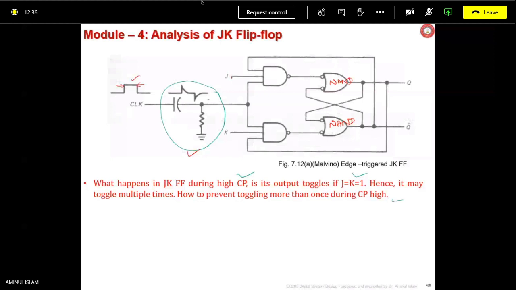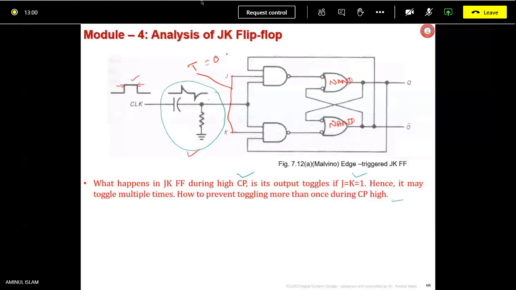And you see, in this case, what will happen? I'm calling this T. Both are tied together. If T equals 0, what is the state? Tell me in the JK flip-flop. Sir, Q. No change.